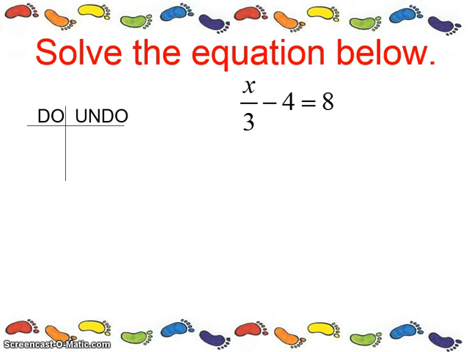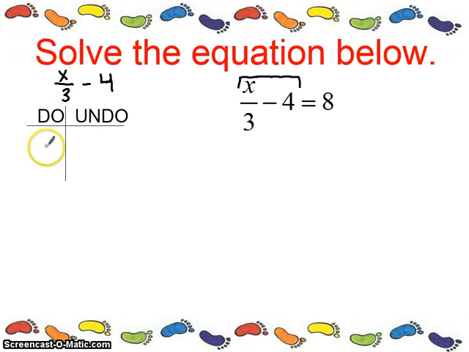Alright, our next equation is x divided by 3 minus 4 equals 8. Now notice, this fraction bar or division symbol is not a grouping symbol because there is only one term or one portion of the division on both the numerator and the denominator. So here's our algebraic expression, x divided by 3 minus 4.